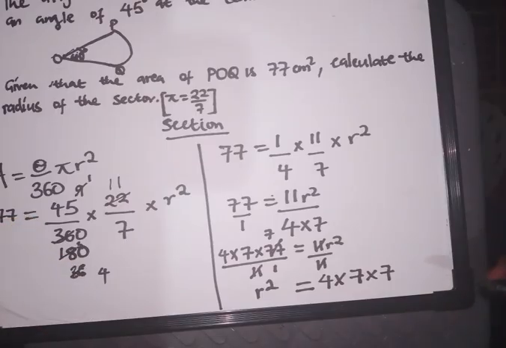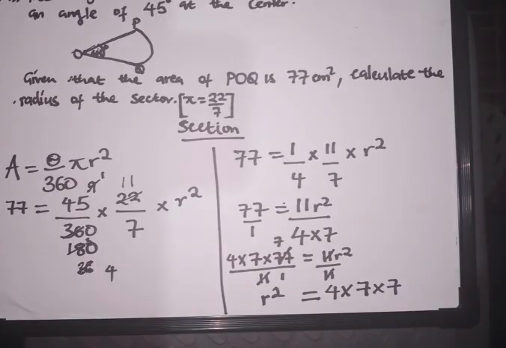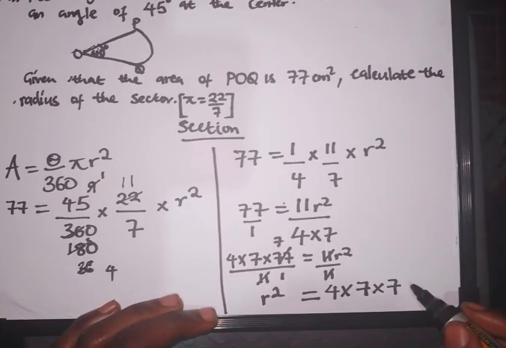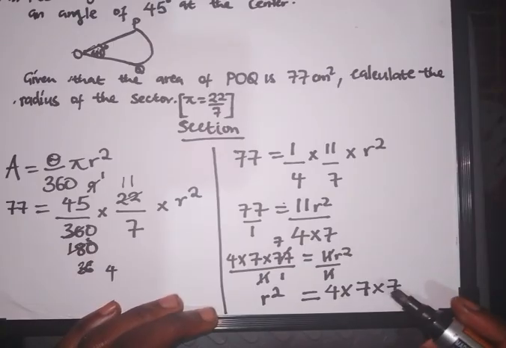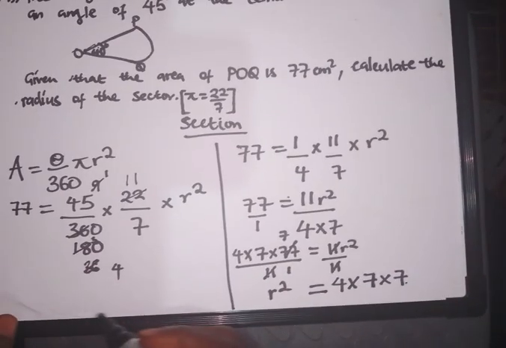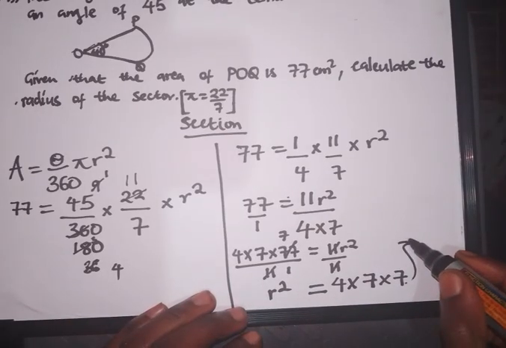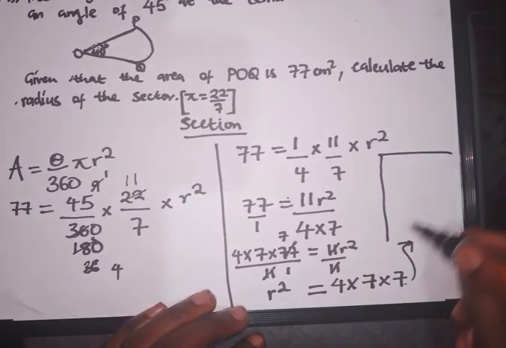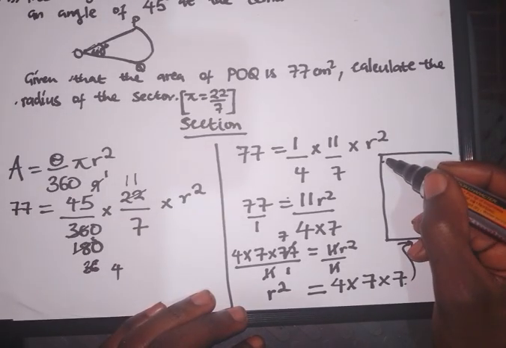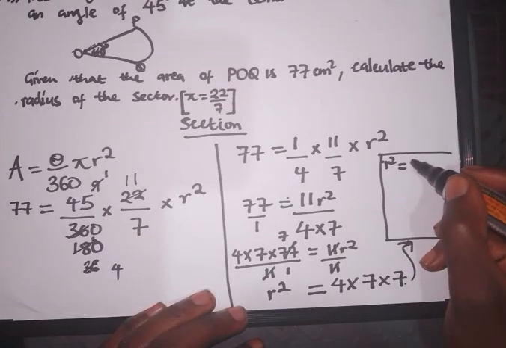Remember this point: in multiplication, you can find individual square roots.